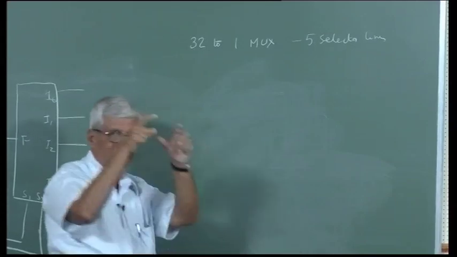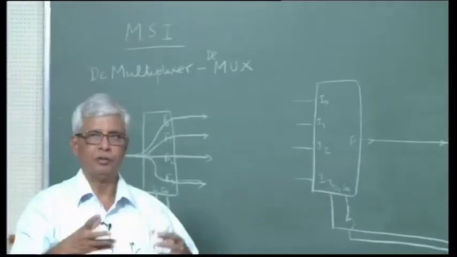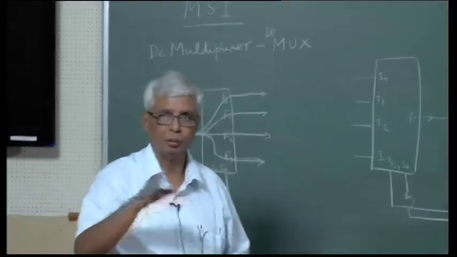I can have a single multiplexer with 32 inputs, 5 selector lines and 1 output. As I said, it is cumbersome to make an IC, simple IC. Of course, big complex ICs are available today. Hundreds of gates, thousands of gates, millions of gates. We are not talking about those things.